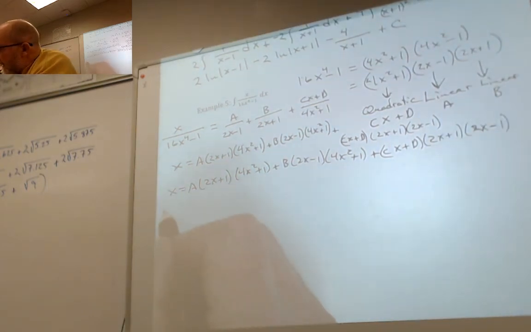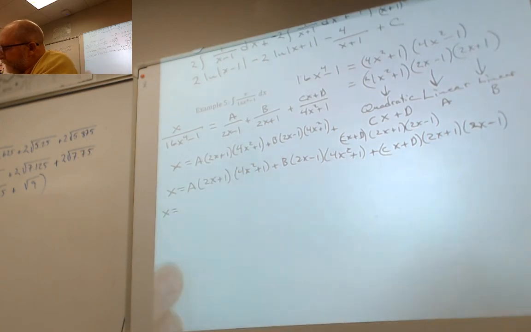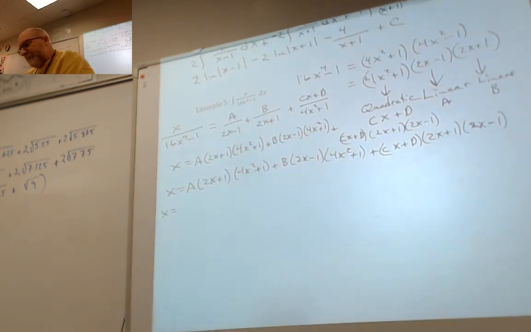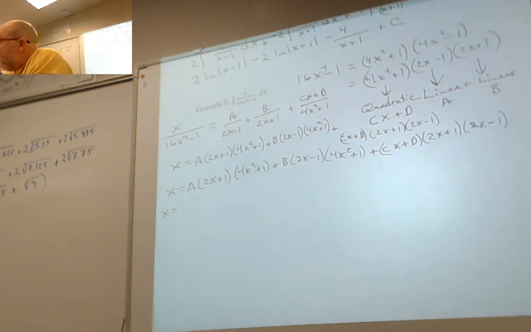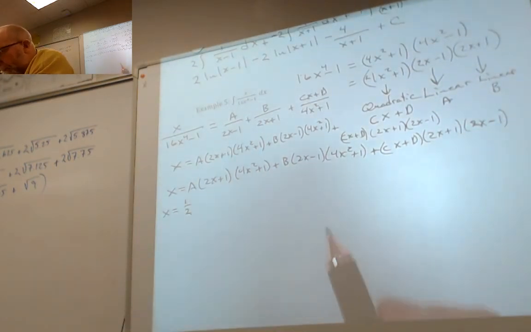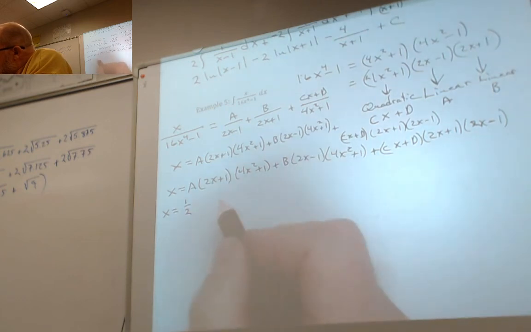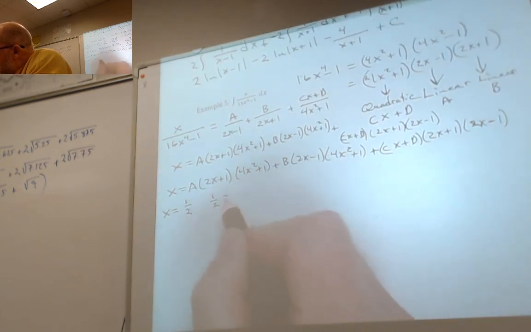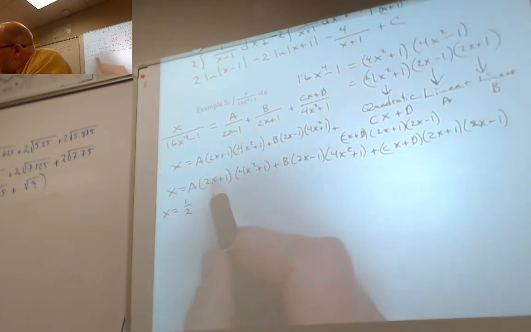So what are we going to let x equal the first time? One half. That's exactly what I did. So if I let it be 1/2, I get 1/2 equals, well, 2 times 1/2 is 1.